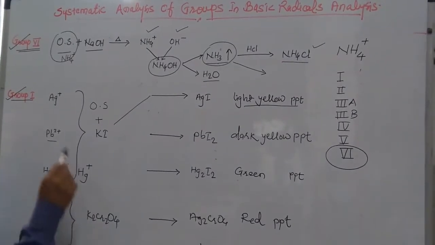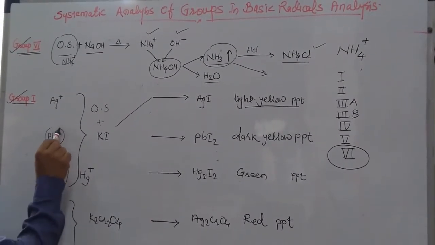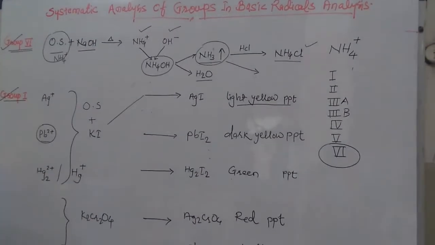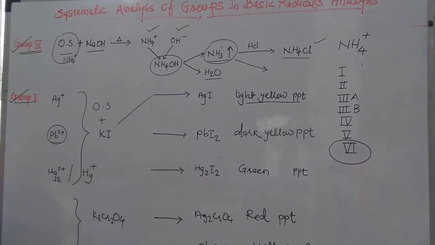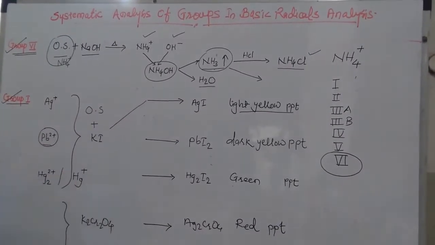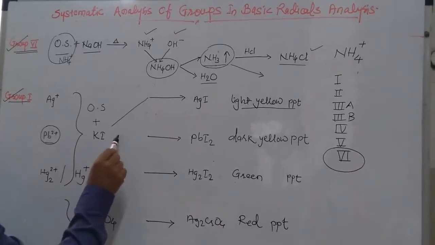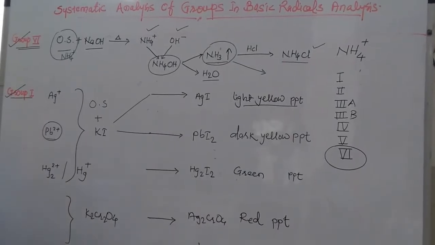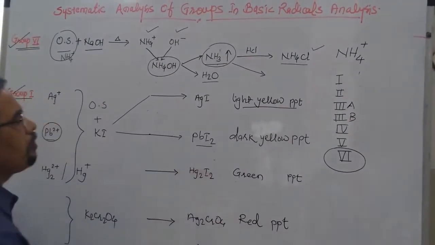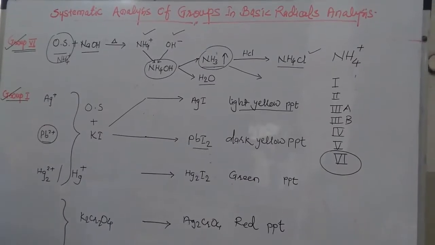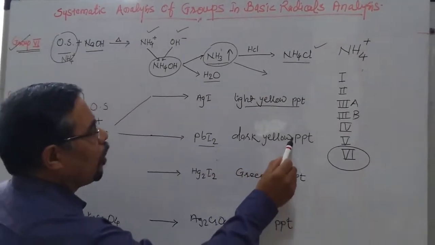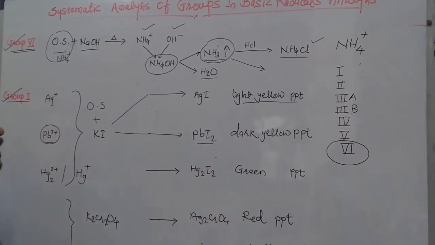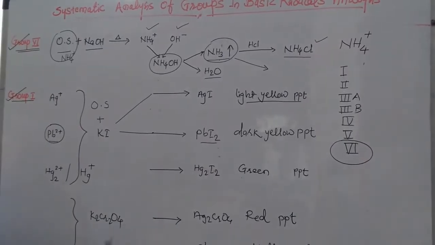If Pb2 plus ions, again from group 1, are present in the original solution and we add KI solution, then Pb2 plus is converted into PbI2 precipitate, which has a dark yellow color. That indicates the Pb2 plus ion is present in the given mixture.